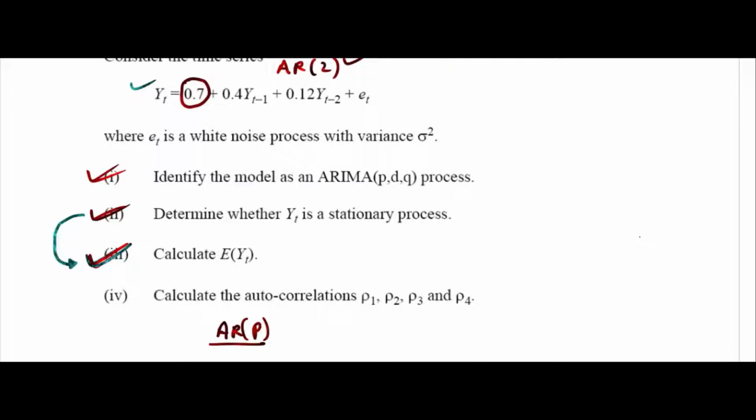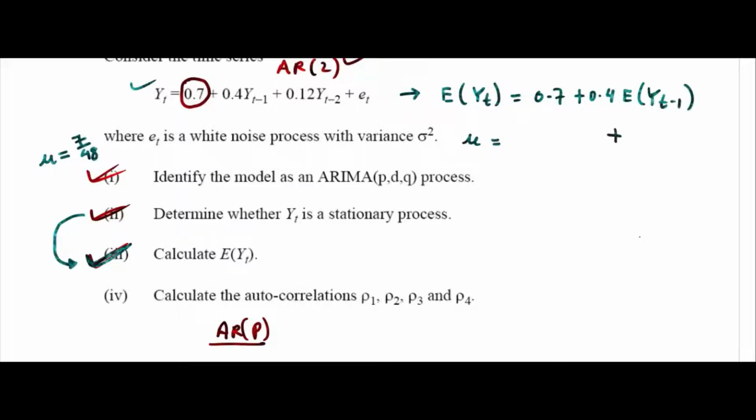If you want mu in part 1, you have to follow whatever way I found 7 divided by 48, that way. Part 3 you can apply whatever way I will do now, that you can do only after part 2, because knowing that this is stationary, remember EYT is constant in a stationary process. So EYT will remain constant. That we proved in part 2. So from part 2 only you can go to part 3.